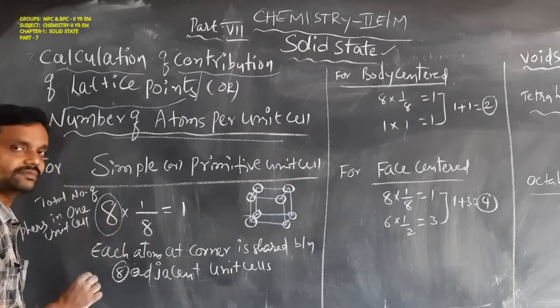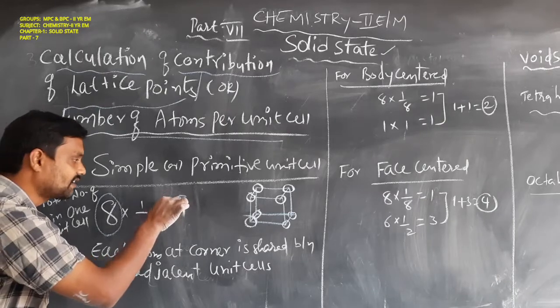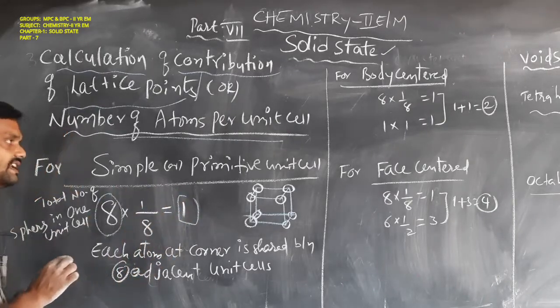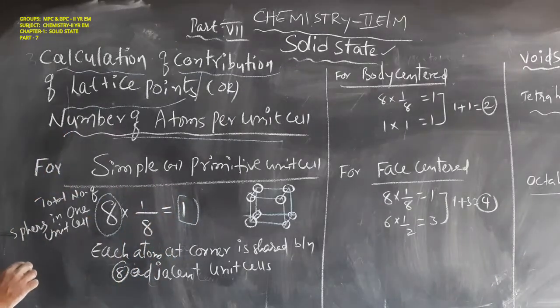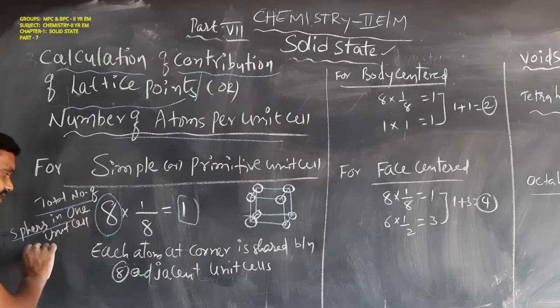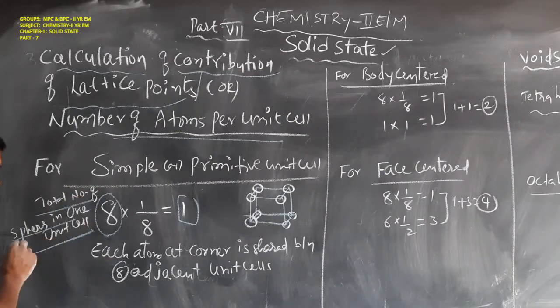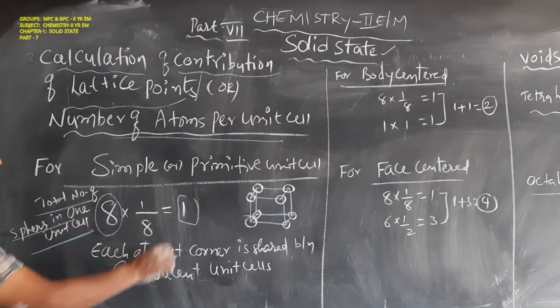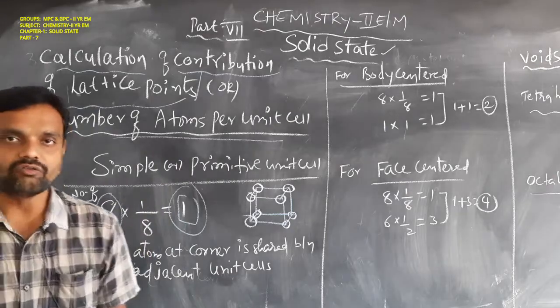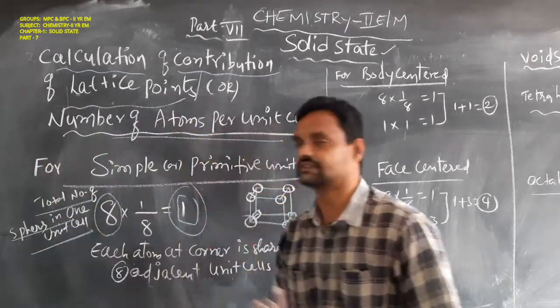So the 8 gets cancelled. The contribution is 1. That is the total number of atoms, nothing but the total number of spheres, in 1 unit cell. That equals 1 for the simple or primitive unit cell.